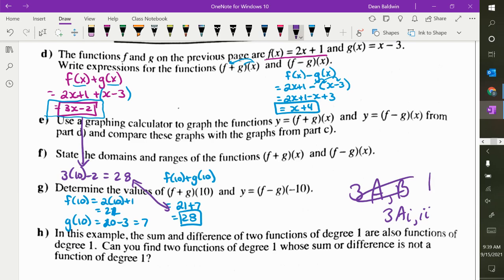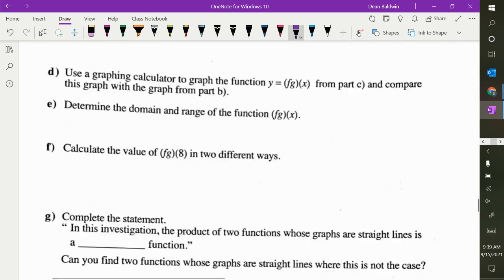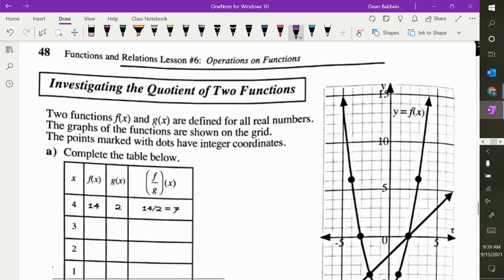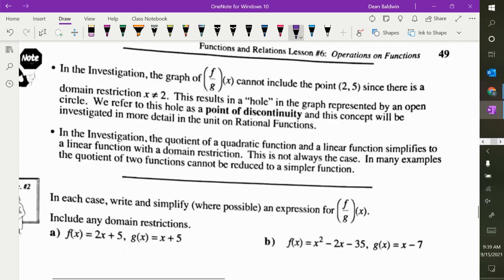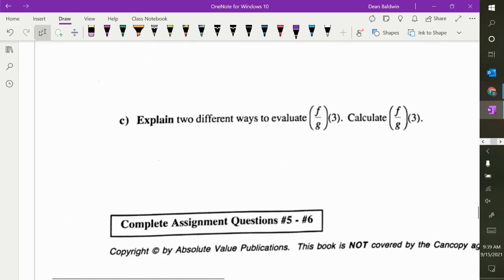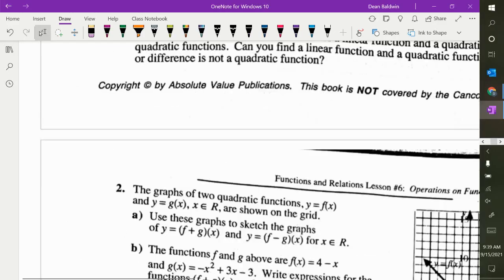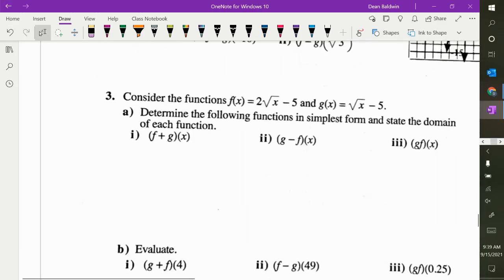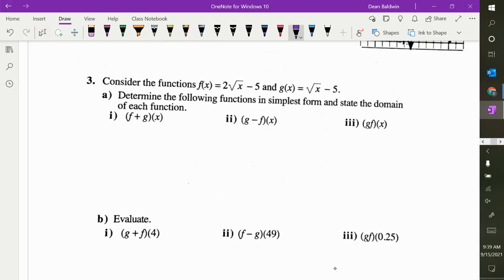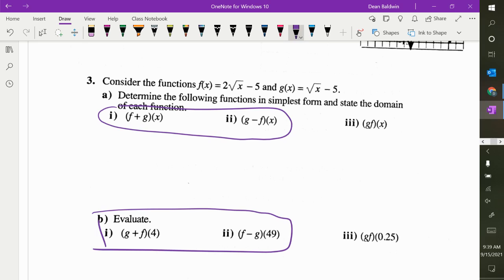Check that. And if you look at here, let's just show you. Where's 3? Here we go. Here's what I want you to do. Those two and those two. Okay, question 3, those ones.